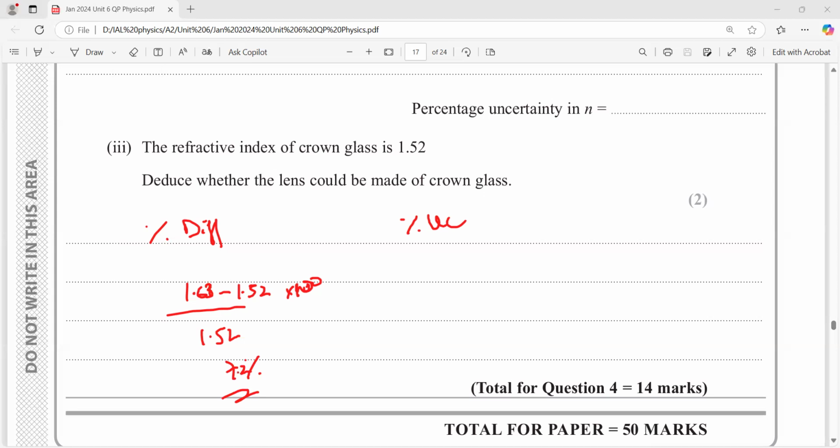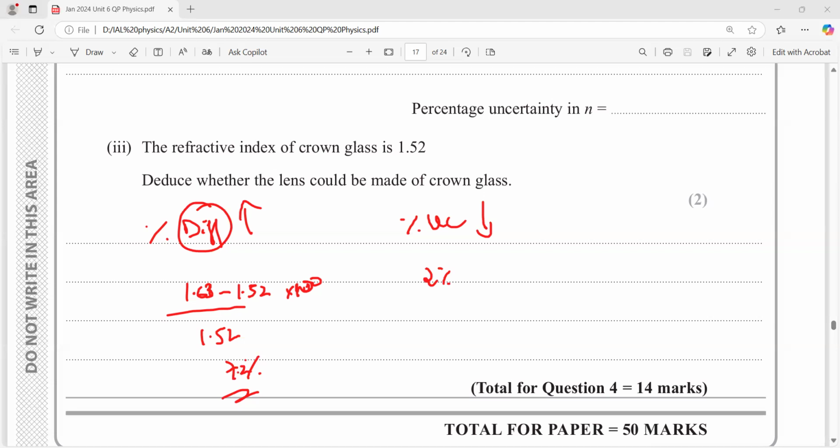And then the percentage uncertainty, which we calculated in the previous example, we'll compare that. Let's say any number, let's say it is 2%. So if the percentage difference is higher than the percentage uncertainty, you will say no, it is not made of the same material. But if the percentage difference is less than the percentage uncertainty, you will say it is made of the same.